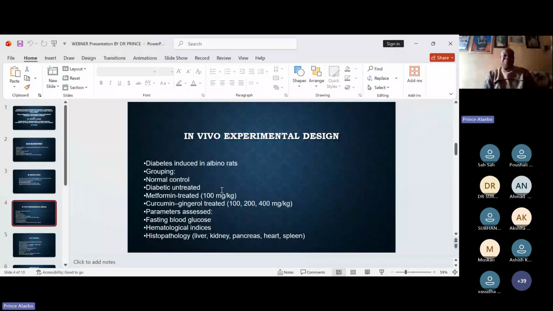Our key findings: there was a significant dose-dependent glucose reduction, especially in the 400 milligram per kg body weight group.